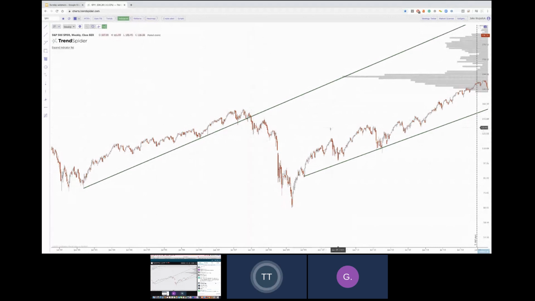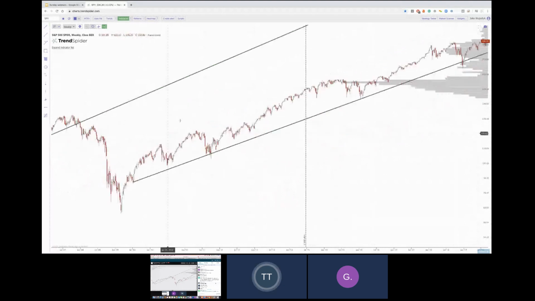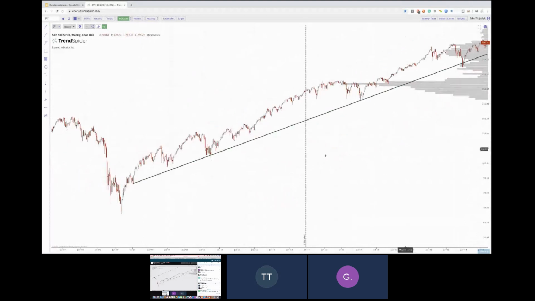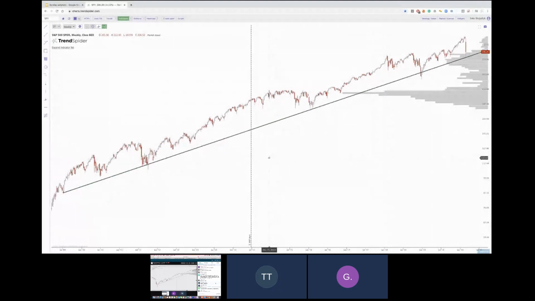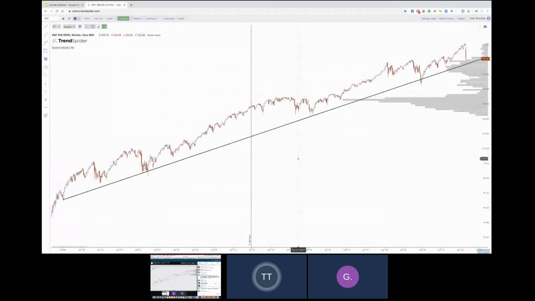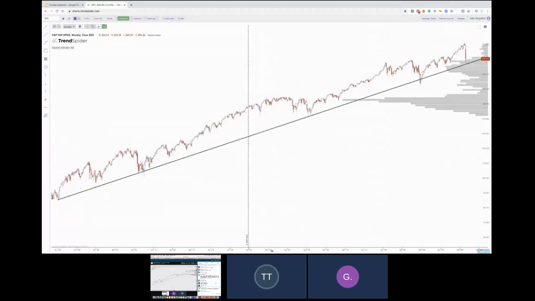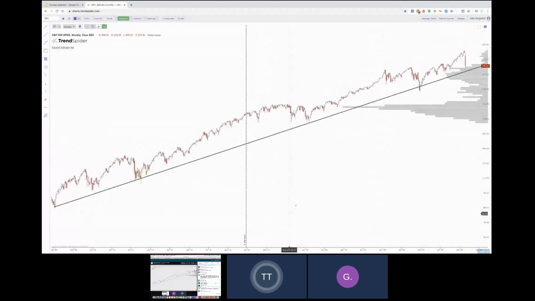So, the fact that we dropped so hard and so fast, to me, I don't know. I've seen enough of these crashes where sometimes they just can't sustain that long. I mean, could we continue to drop next week? Absolutely. Or the week after that? Yes.